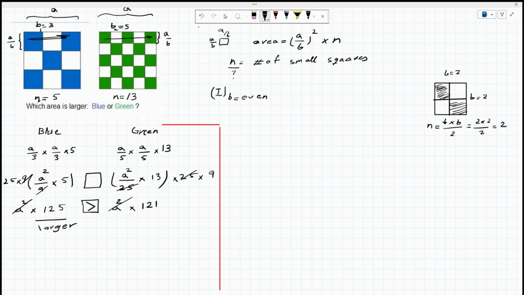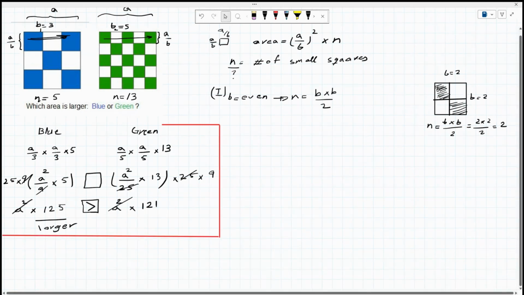So in general, once b is even, n equals b multiplied by b divided by 2.